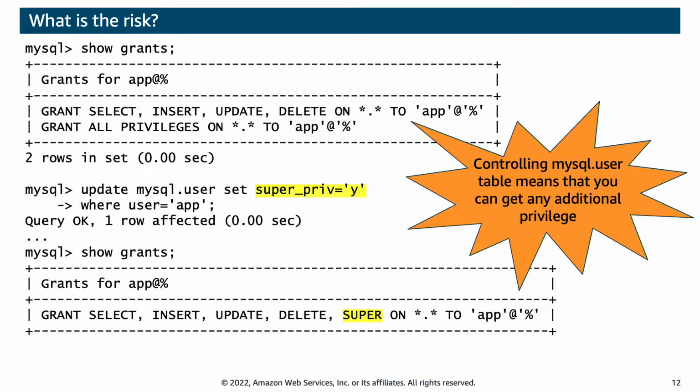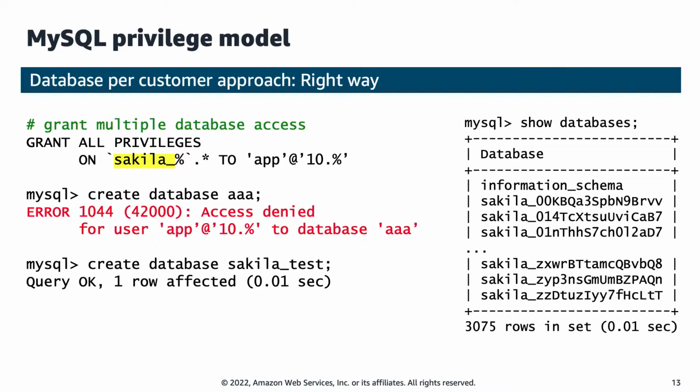So controlling the MySQL user table means that you can get any additional privilege. So this is, again, the historical stuff. This is what MySQL had and still has in the older versions. So what is the right thing to do in this architecture?